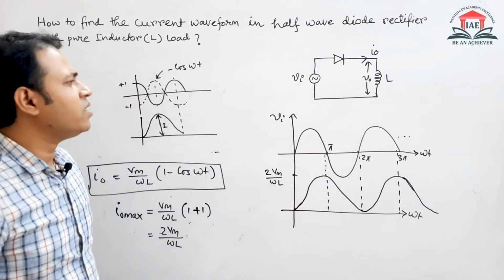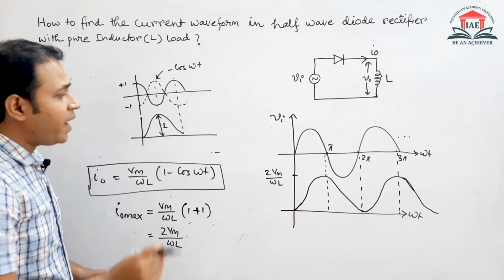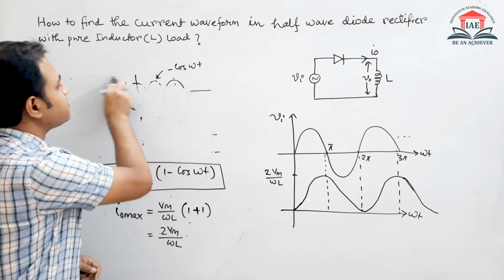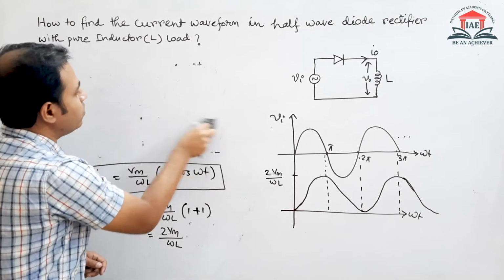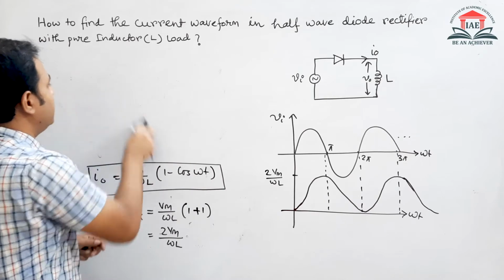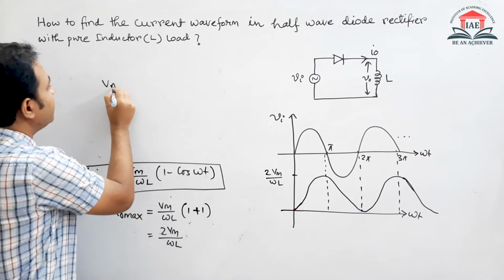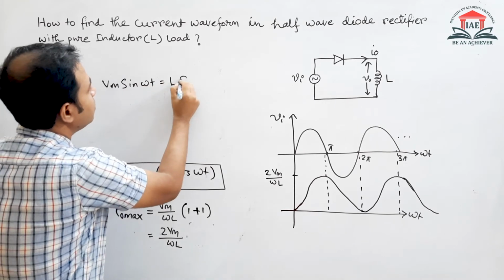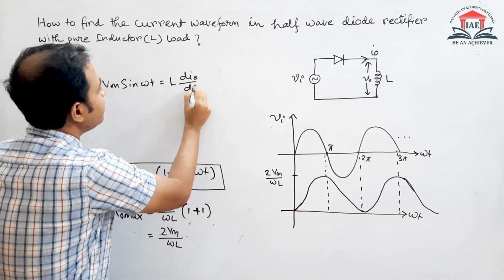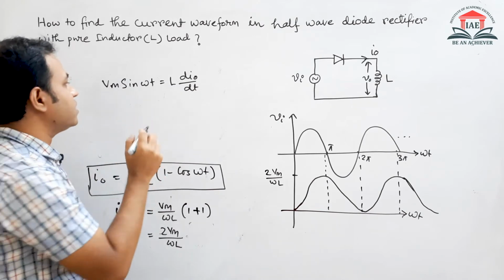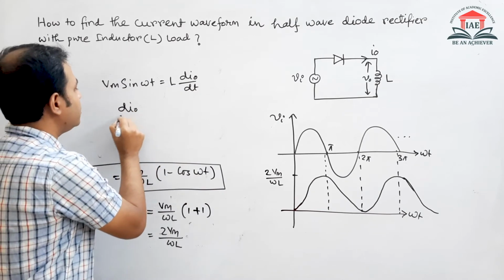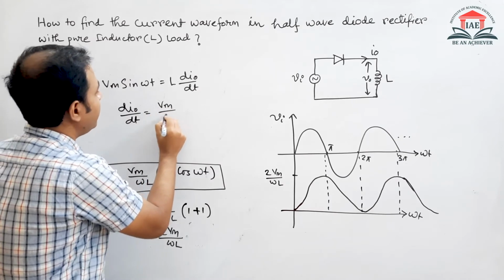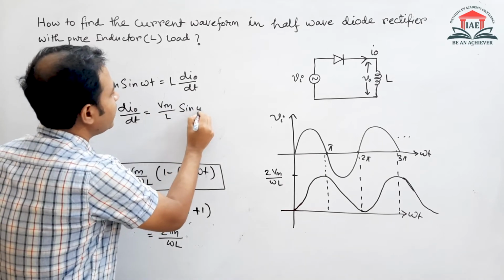Okay, now see here one thing. If we go back to the previous equation where we discussed the input voltage is equal to the output voltage, which is Vm sin omega t equal to L di0 dt, right? So from here we can write di0 dt is equal to Vm by L into sin omega t.